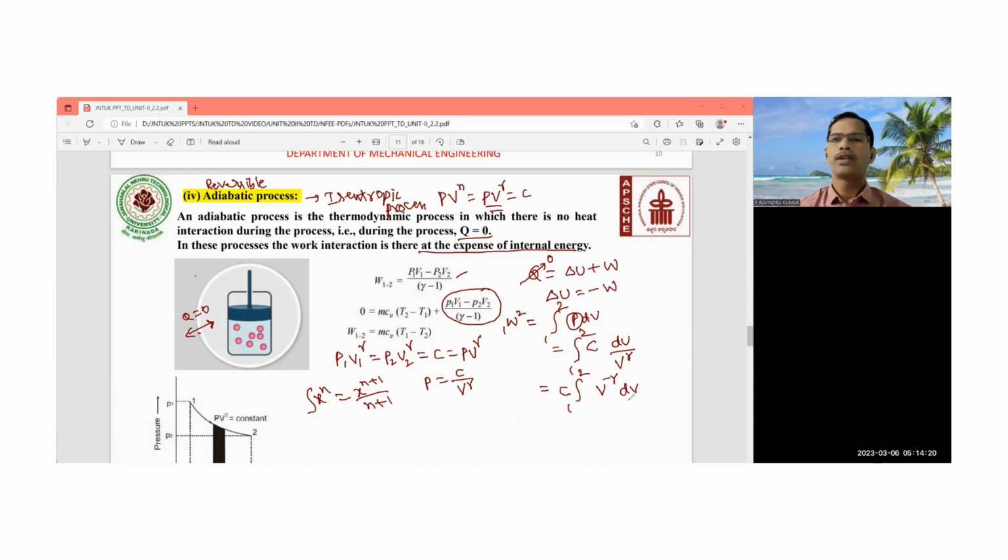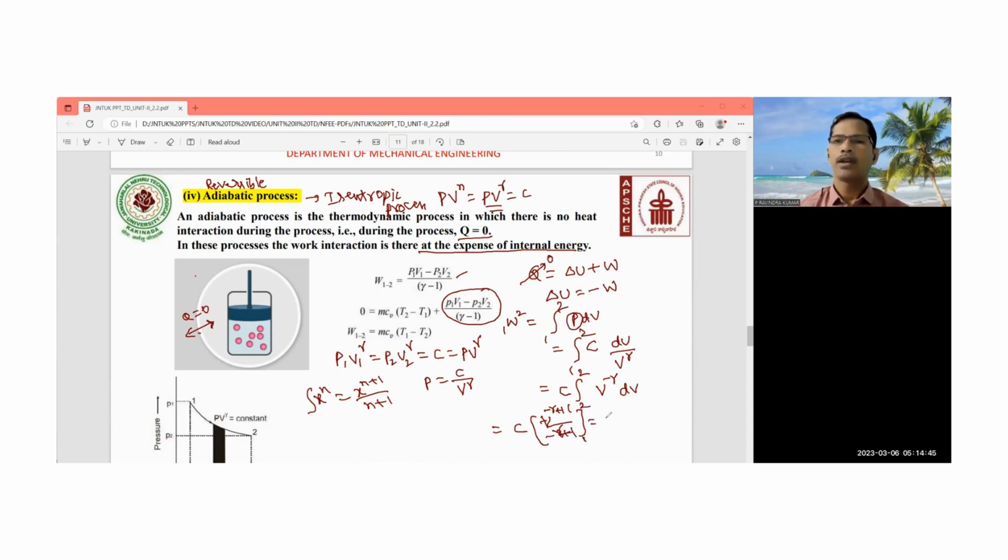Now you integrate this one. So you will get this C, and this is V to the power of minus gamma plus 1 divided by minus gamma plus 1. The limits are 1 to 2.